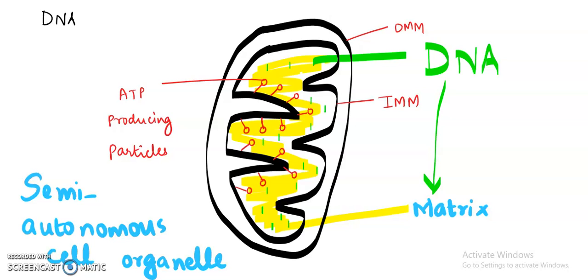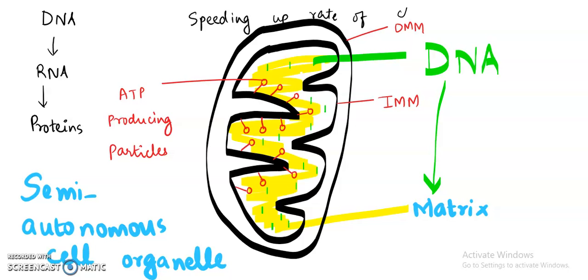Basically in senior classes you will study that DNA helps in the production of RNA, and RNA helps in the production of proteins. You are aware that mitochondria has to produce ATP. So this ATP production would be requiring many enzymes. What are enzymes now? Now enzymes are the proteinous molecules, or they are the molecules that are protein containing in their nature, and they will help in speeding up the rate of reaction, speeding up the rate of chemical reaction.